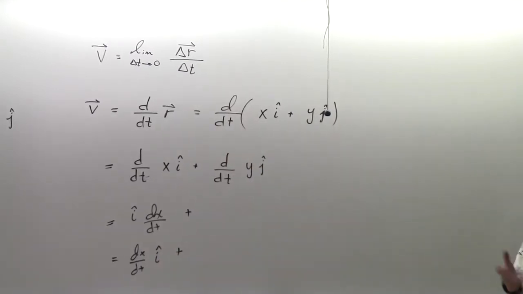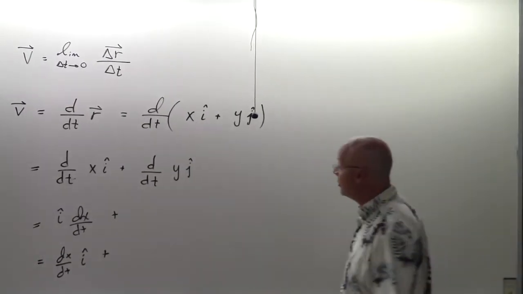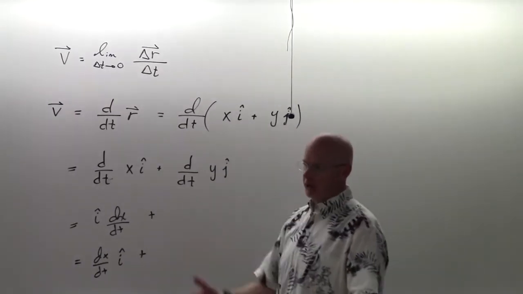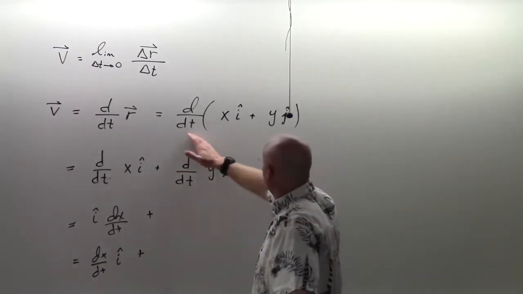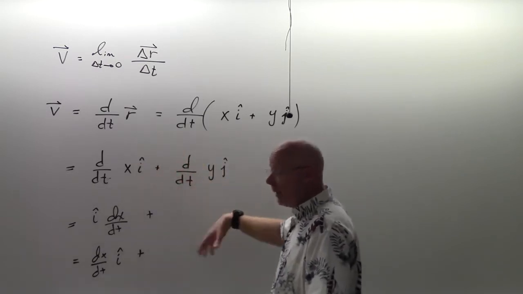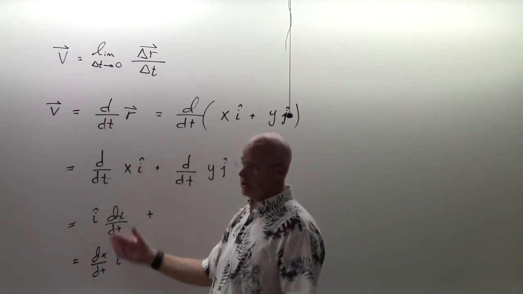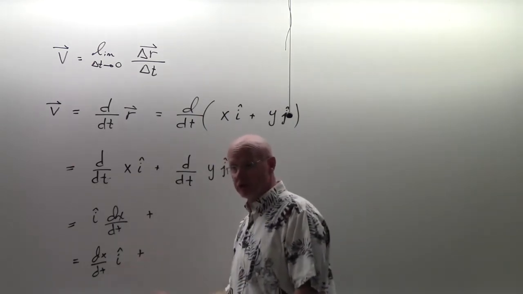And so probably for most of you, this is the first time taking a derivative of a vector. But hopefully also you're seeing it's not beyond your skill level, right? It is really what you have learned. You've got two things added together. You take the derivative of the two terms separately. And one of them happens to be a constant, so you just pull it out in front. And so really I'm just taking the derivative of this function x.